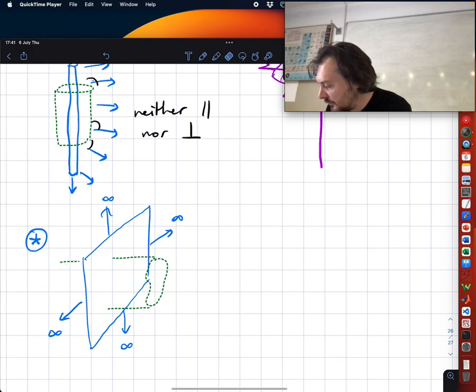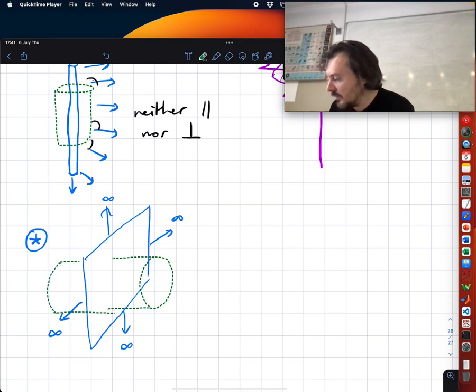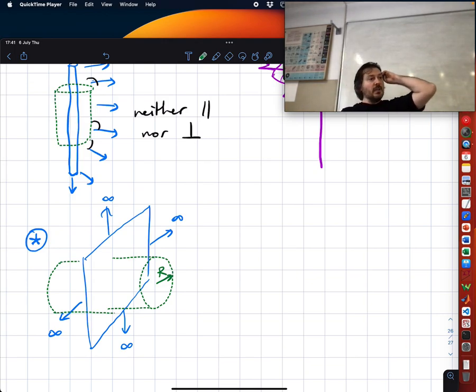But let me not confuse you with this. Let me use a cylinder. Again, I have a cylinder, and it doesn't matter, but the height is h, let's say. So it doesn't matter, so I will not even write it. What matters here is r.